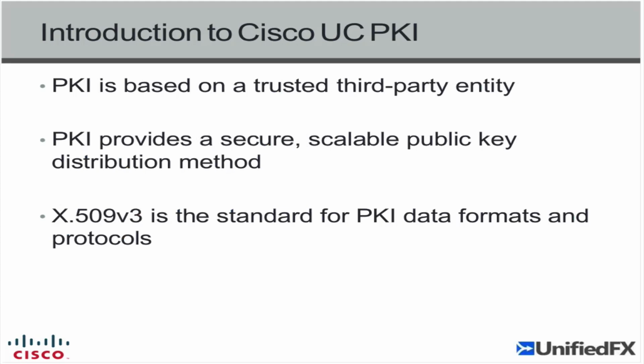So here's a quick introduction to Cisco UC PKI, our public key infrastructure. What exactly that is, and how Cisco is leveraging the public key infrastructure in its UC paradigm. Public key infrastructure is nothing new. It's been there for a while, and it's there to stay.